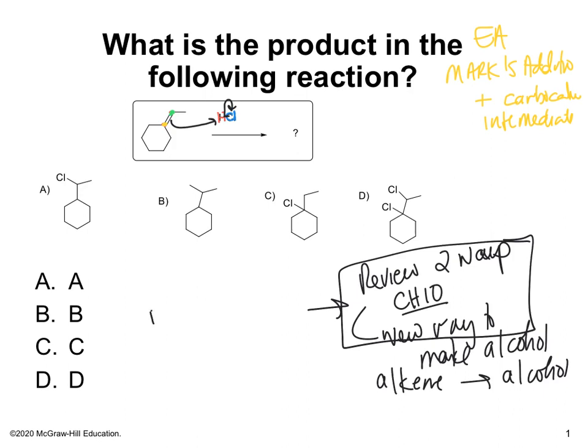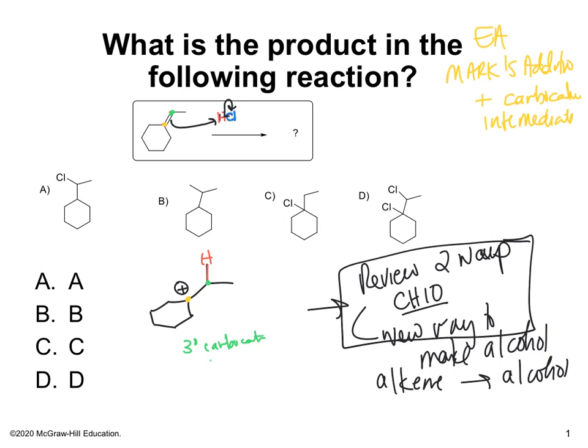So we get this intermediate. The hydrogen goes here, and on this carbon we're going to get the positive carbocation. And then this carbon gets the hydrogen. This gives us a tertiary carbocation.